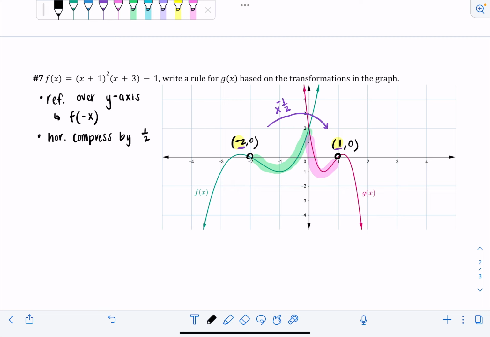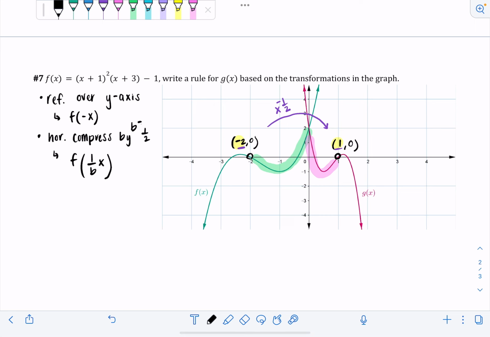Okay, so our formula for a horizontal dilation is f of 1 over b x, and b is the factor that it's being compressed by, so ours is being compressed by a half.